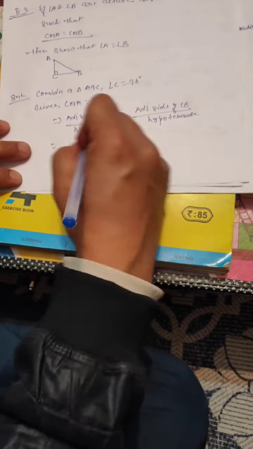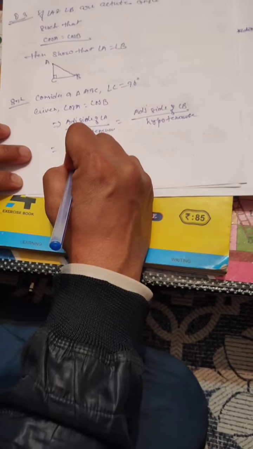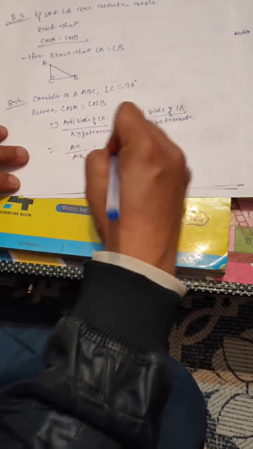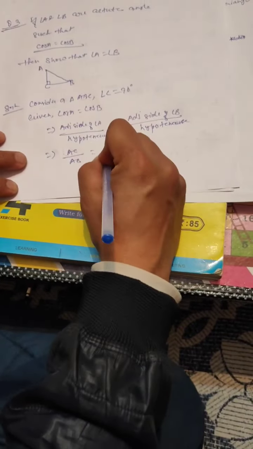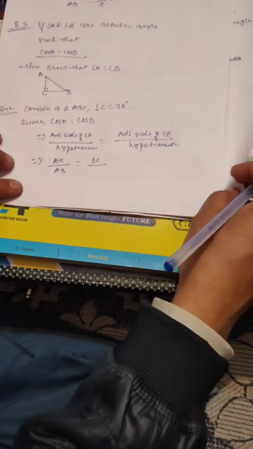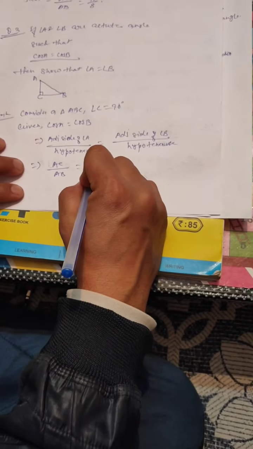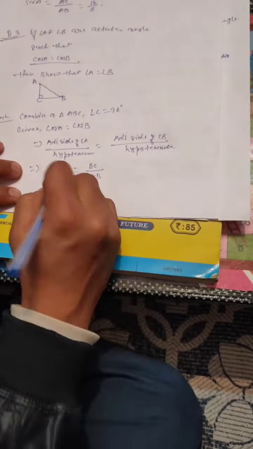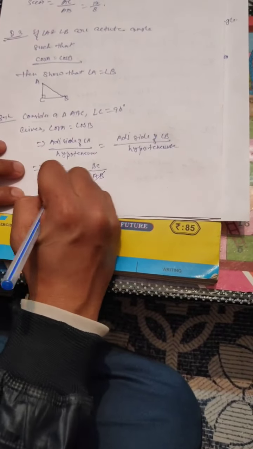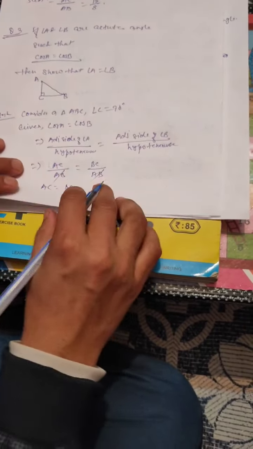The adjacent side of A is AC, upon hypotenuse AB, equals BC, the adjacent side of angle B, upon hypotenuse AB. This is cancelled, so AC equals BC.